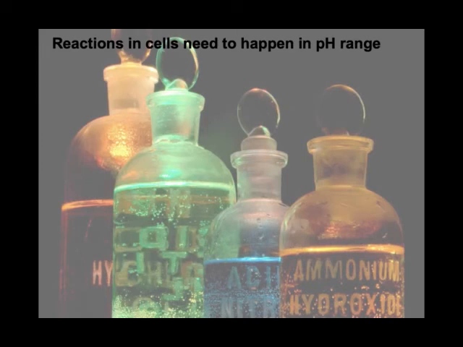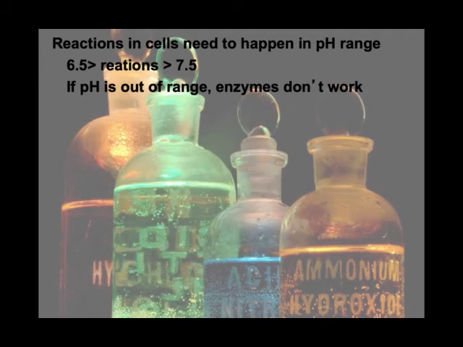If it's down closer to 7 or even in the 6 range, then bad things are going to happen in the cell. The reactions that need to happen can't happen. So they have a very small range. Most cells need to have reactions happen between 6.5 and 7.5. So not a big, huge window there.